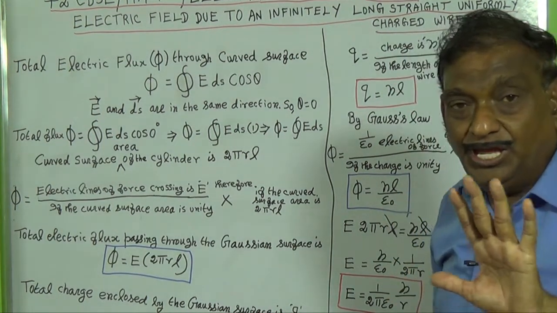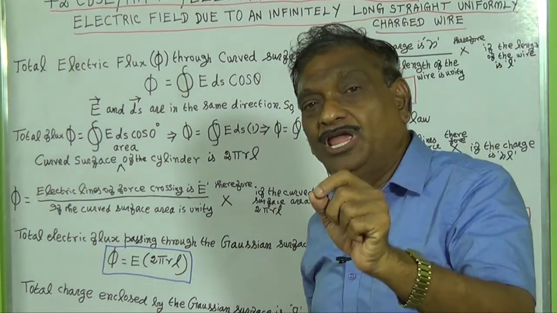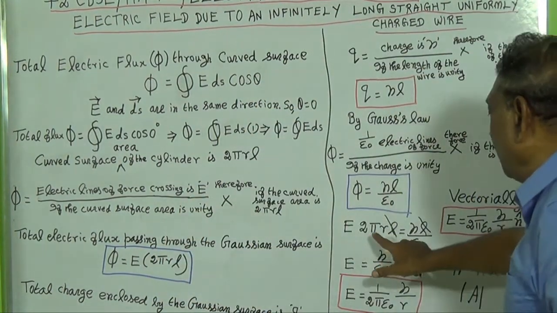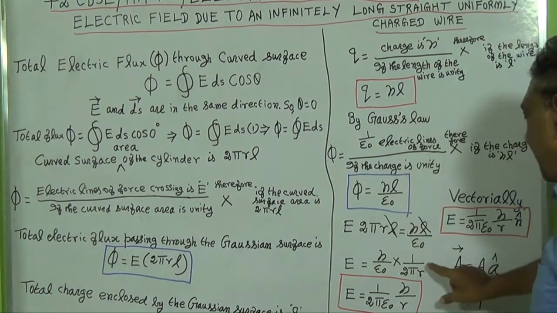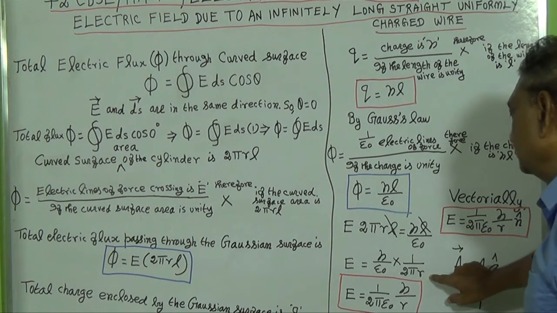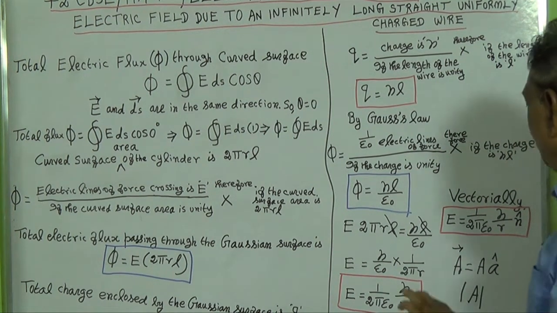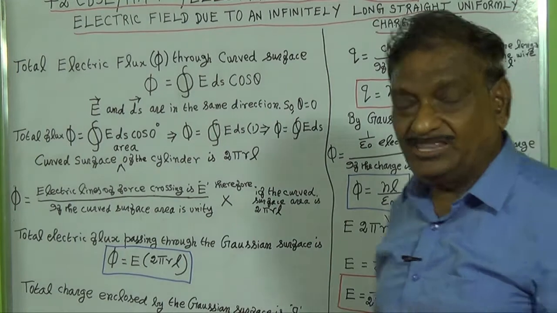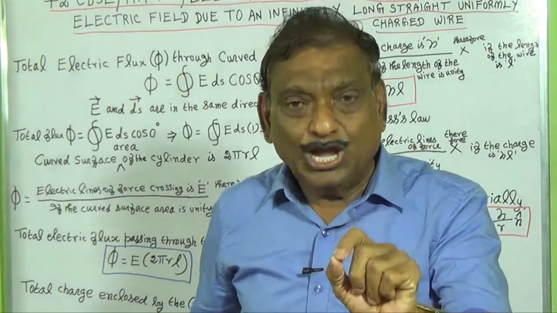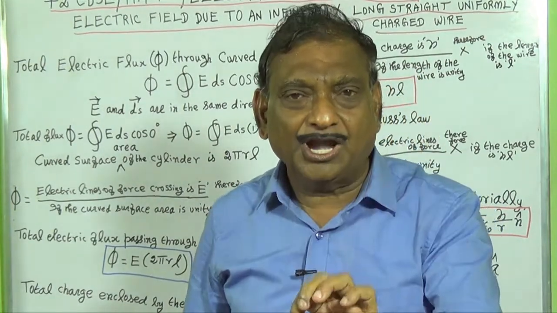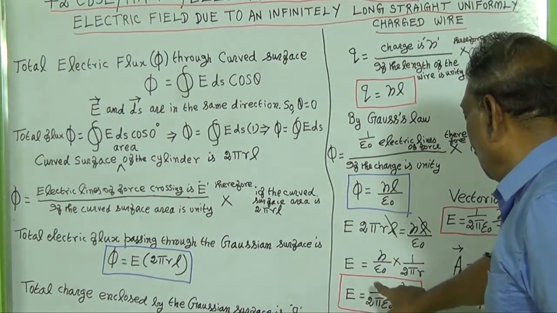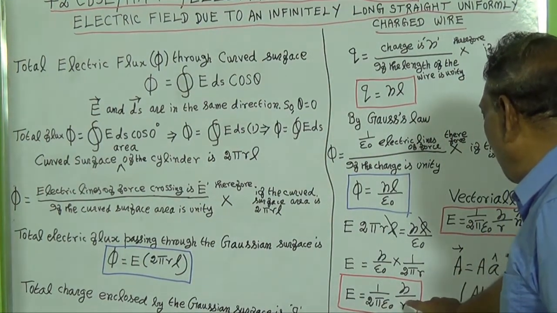We don't need E 2 pi r. We need only electric field E. So if we bring 2 pi r from the left side to the right side, it will become 1 by 2 pi r. If we write the constant separately, we will get the equation for electric field E as 1 by 2 pi epsilon naught lambda by r. E equal to 1 by 2 pi epsilon naught lambda by r.